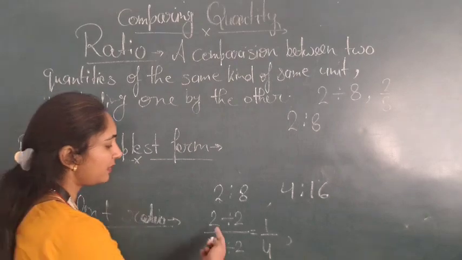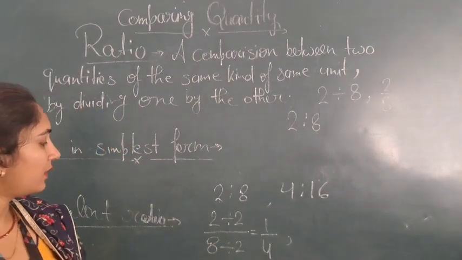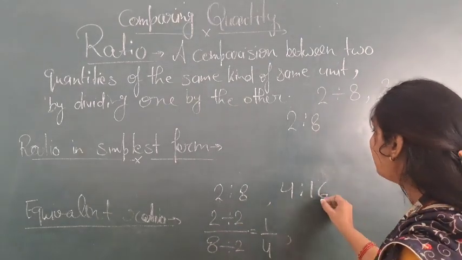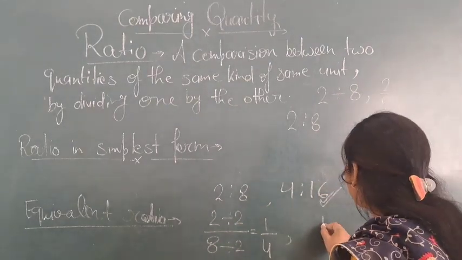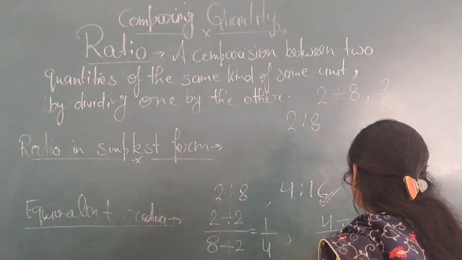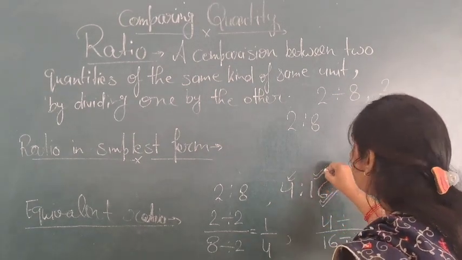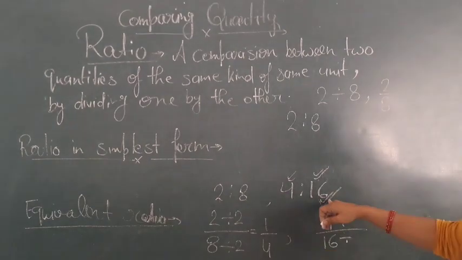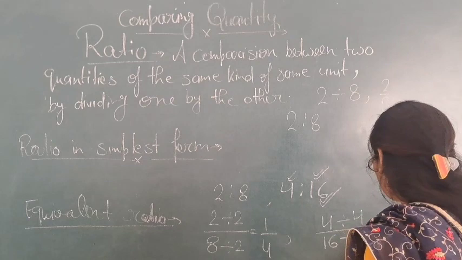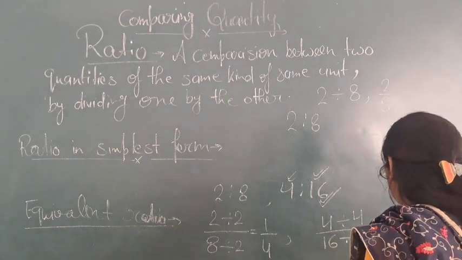To find the simplest form, we divide the ratio by the HCF, the highest common factor. For 4:16, we divide by the HCF of 4 and 16. What will be the HCF of 4 and 16? That is 4. We divide 4 by 4 and 16 by 4.